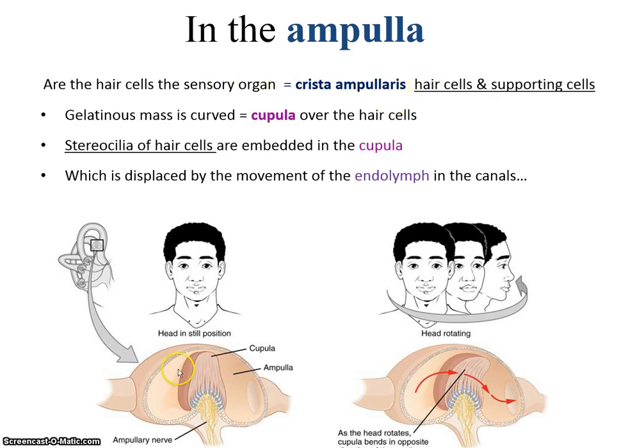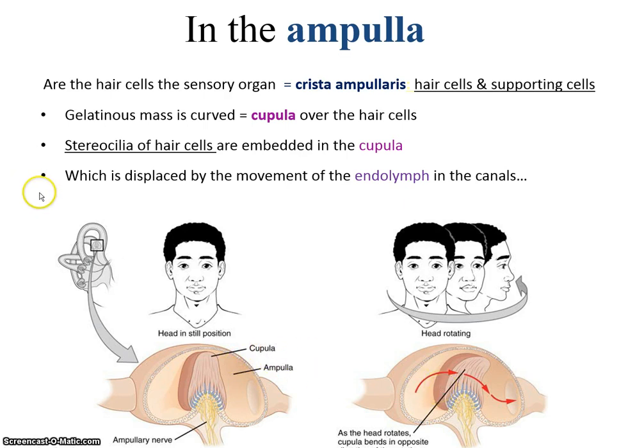The gelatinous mass over this is the cupula, and this is all found in the ampulla. And the stereocilia of the hair cells are embedded in this cupula. So instead of a gelatinous membrane with otoliths, we just talk about the cupula.